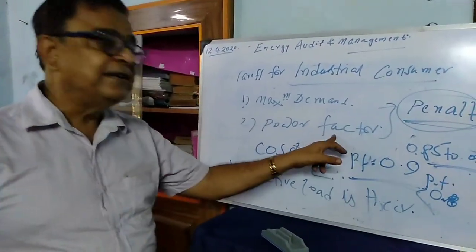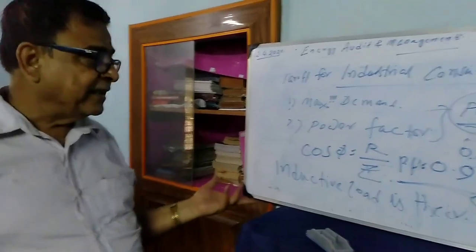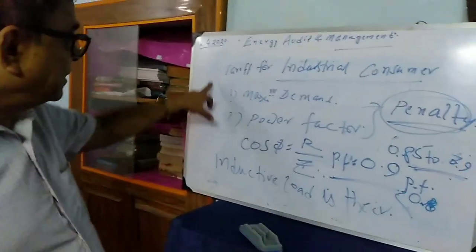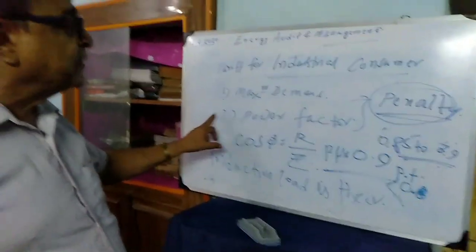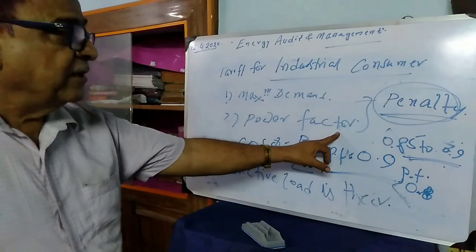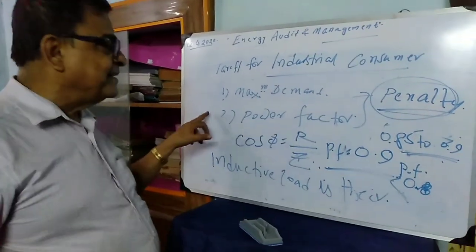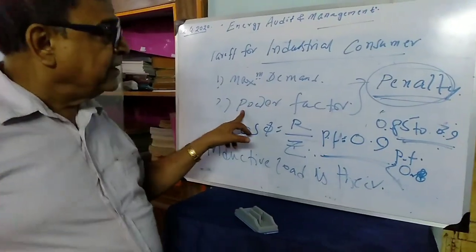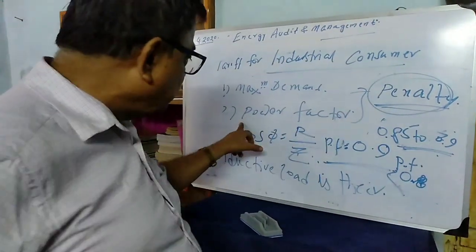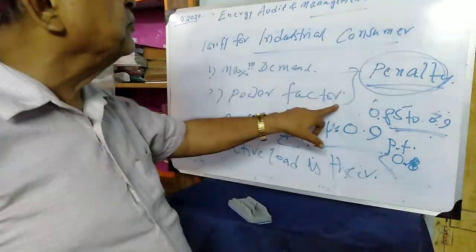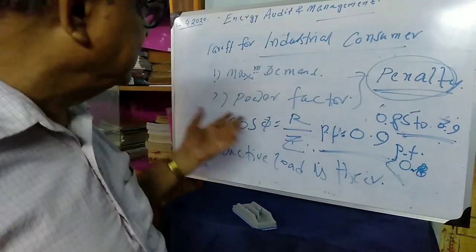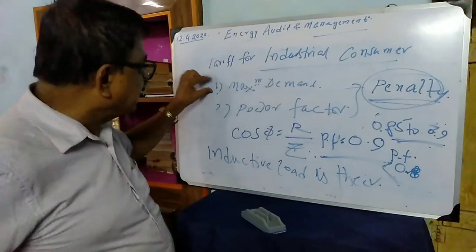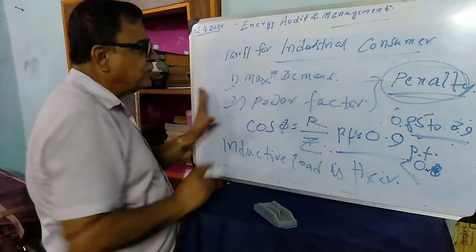They will charge a penalty. One more thing: if we improve it to 0.9 and more than 0.9, then the electric supply company also gives an incentive. Instead of paying a penalty, they will give an incentive. Because if we improve the power factor, we reduce the penalty, as well as earn some money by taking the incentive from the power supply company. So these are the two points to control the energy.